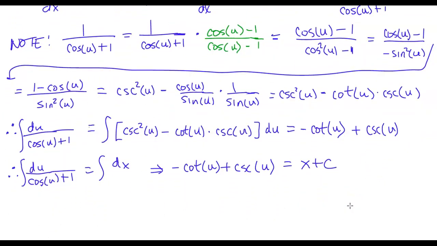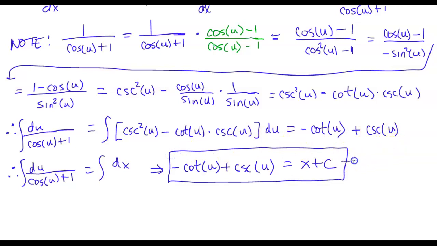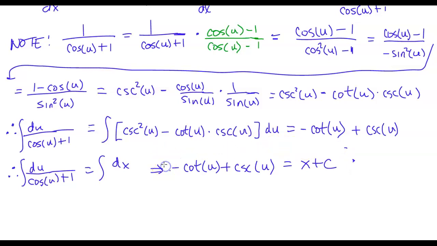Everything else is just a matter of back substituting in what u was and then applying our initial conditions to figure out what c is, and then we'll be done. Let's say this is our general solution. Oh, sorry, not general solution yet, because we still need to substitute back in what u was. So we'll backtrack on that for just a second, and wait until after we're done back substituting.